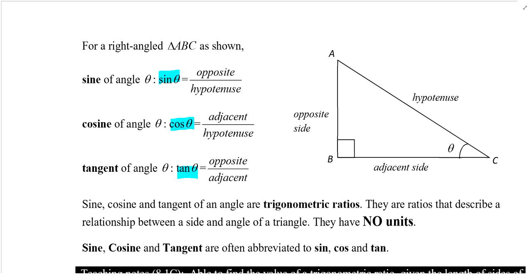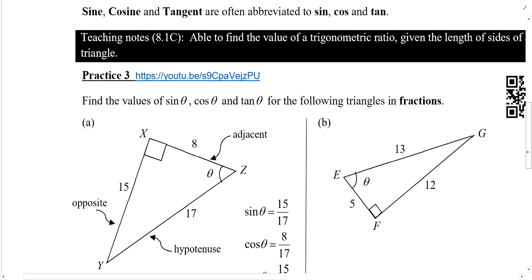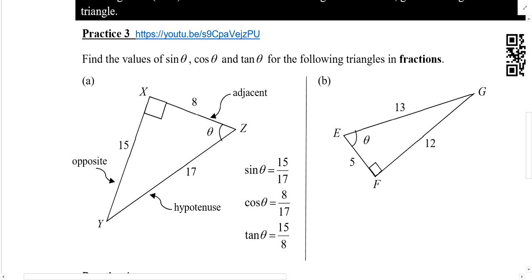I can find the ratio. I am supposed to be able to work backwards to get an angle also. In other words, if I have a triangle that looks like this, where theta is the angle XZY, I've got the hypotenuse as 17, adjacent as 8, and the opposite side as 15.